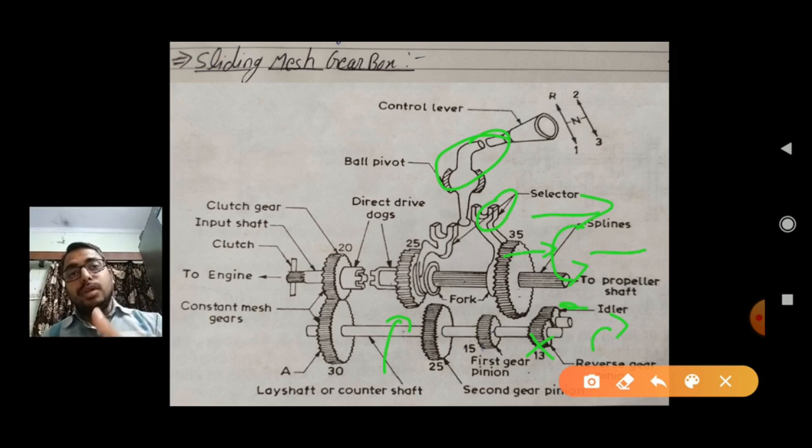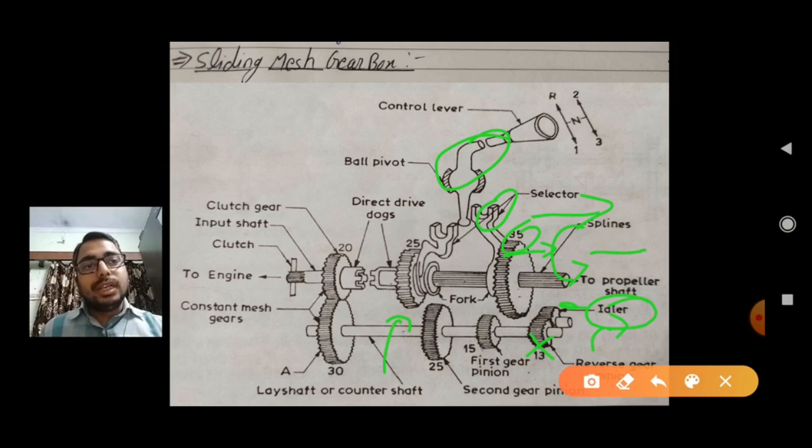Now, in this case, you want to move your vehicle in the reverse direction, so you attach another gear known as the idler gear. The gear which has 35 teeth is attached with the idler gear.